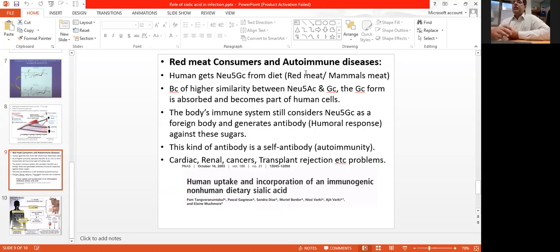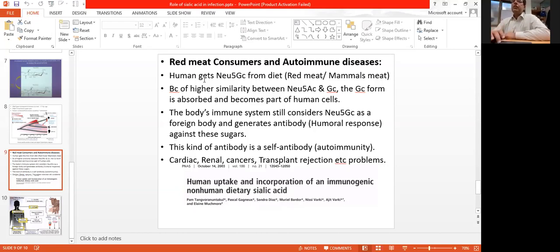Why? For that you have to understand that humans get Neu5Gc from diet. As we discussed earlier, humans do not express Neu5Gc; rather, Neu5Ac is expressed in humans.